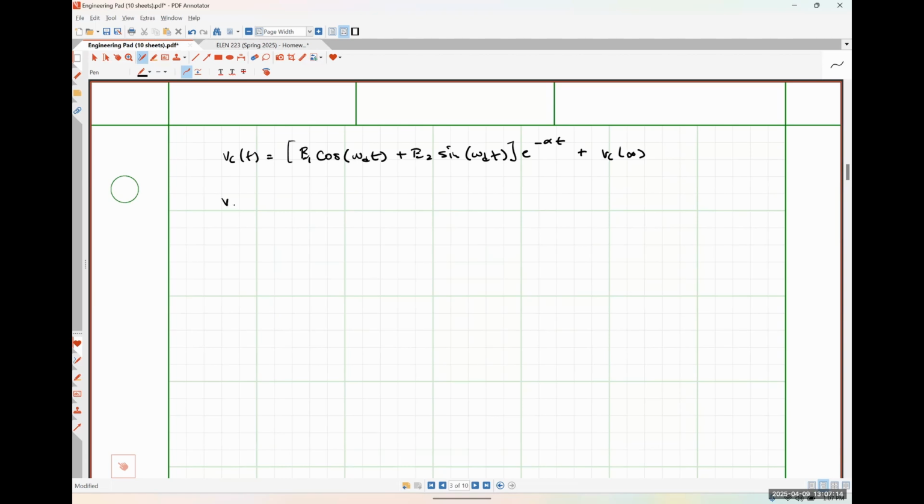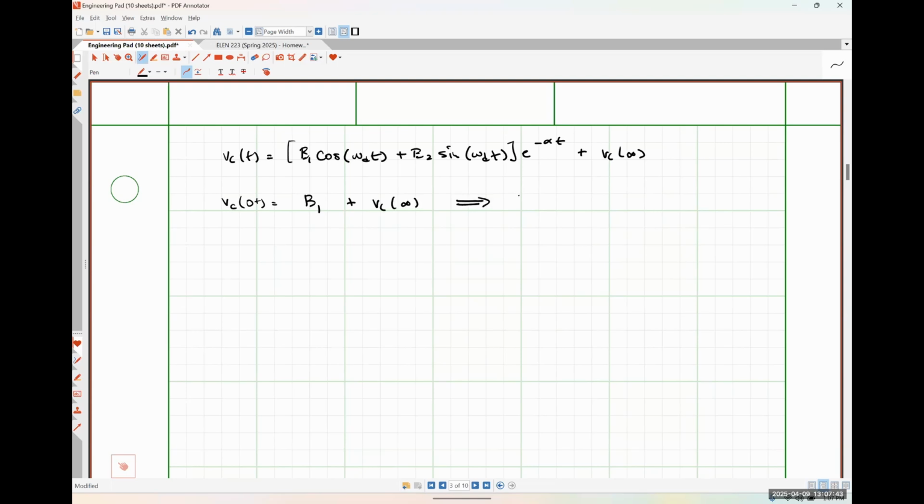So at t equals 0 plus, cosine of 0 is 1, sine of 0 is 0, and e to the 0 is 1. So we have B1 times 1 plus B2 times 0, all multiplied by 1, plus VC at infinity.